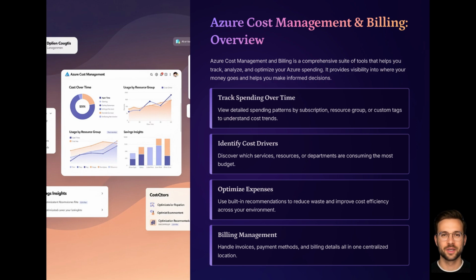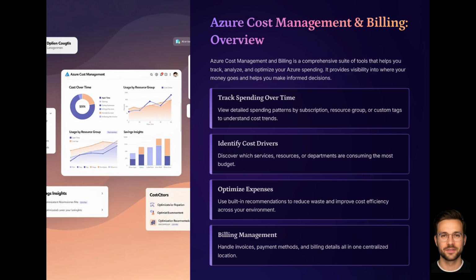Azure Cost Management and Billing is a set of tools that help you track, analyze, and optimize your Azure costs. At a high level, cost management allows you to view how much you are spending over time, break down costs by subscription, resource group, resource, or tag, create budgets and alerts when spending approaches or exceeds a threshold, and identify cost drivers and possible optimizations.